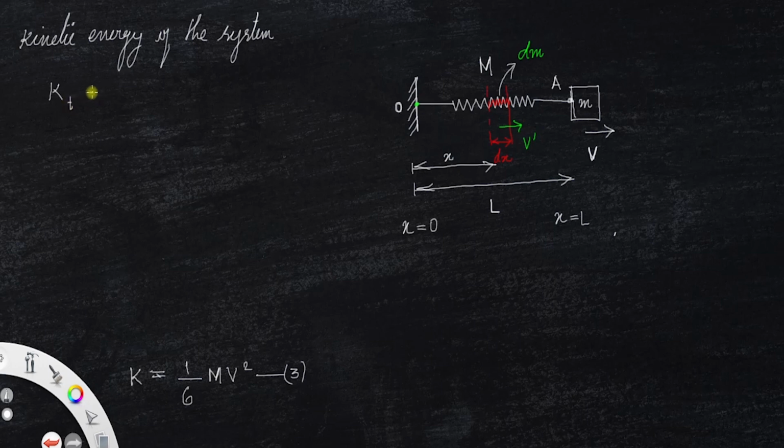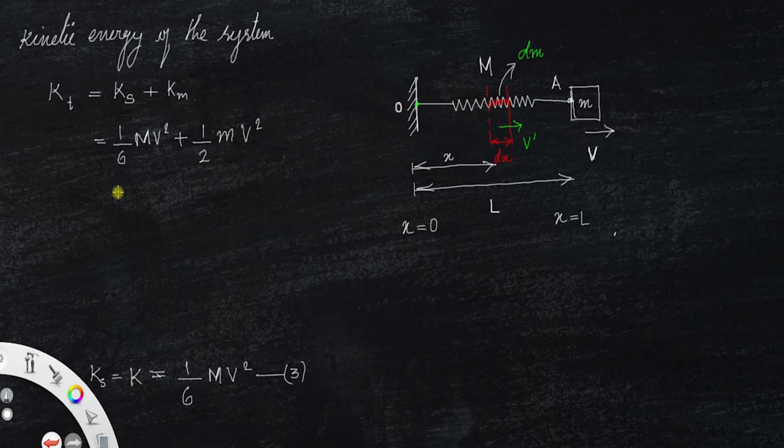It is equal to kinetic energy of the spring plus kinetic energy of the mass at the end. But we know the kinetic energy of the spring is K, which is equal to 1 by 6 m v square, plus kinetic energy of the mass, which is equal to half m v square. Clear? Since the kinetic energy of this mass is actually half m v square, since it is oscillating with the velocity v.